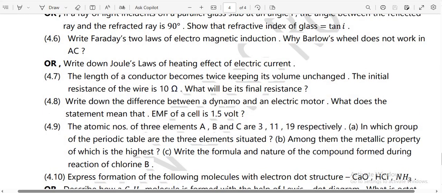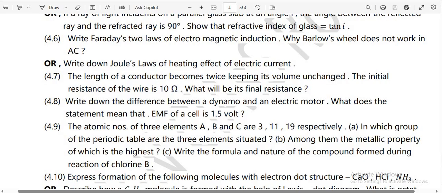4.9 The atomic numbers of three elements A, B and C are 3, 11, 19 respectively. Question A. In which group of the periodic table are the three elements situated?